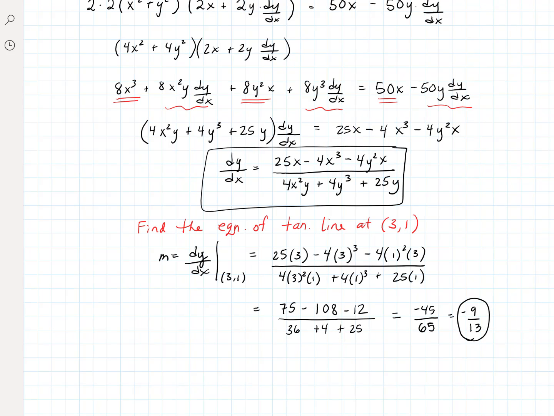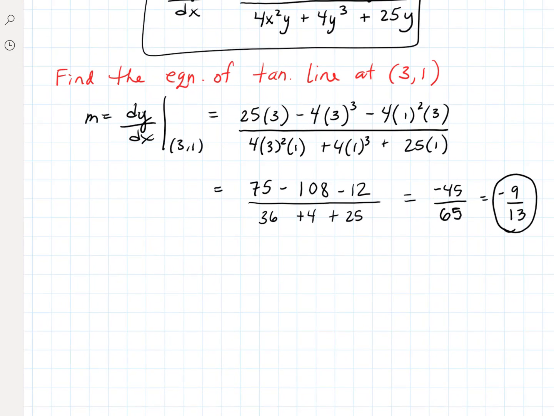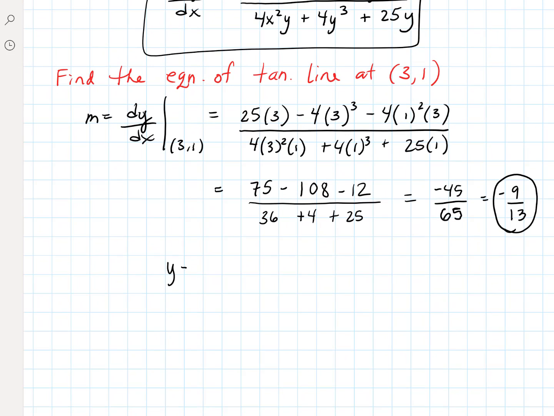So once we get negative 9 over 13, that's the slope. Now all we have to do is plug that in to write the equation. So y equals, well, we're going through (3, 1), so I'll use point-slope. y minus 1 equals negative 9 over 13 times x minus 3.